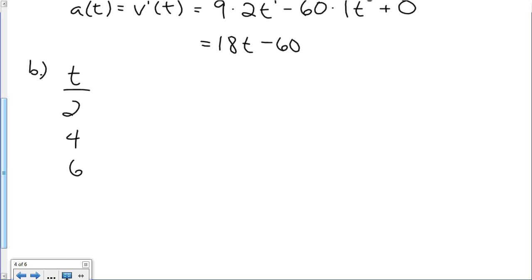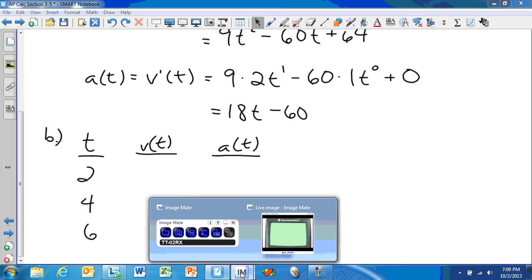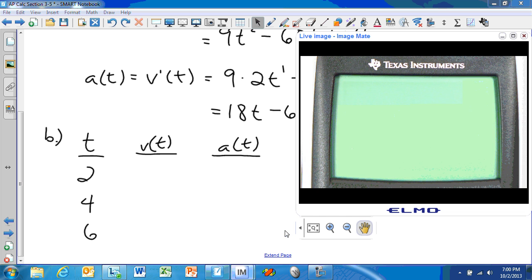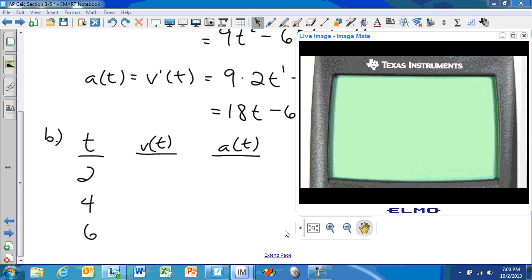And they wanted us to find out what the velocity and the acceleration are. So we'll put our velocity and our acceleration. And once we figure that out, we can answer the other parts of this. So I'm going to use my calculator to help us come up with that. Grab your calculator, and we're just going to punch into y1 and y2. I guess if you wanted to, you could put in your displacement function as well.